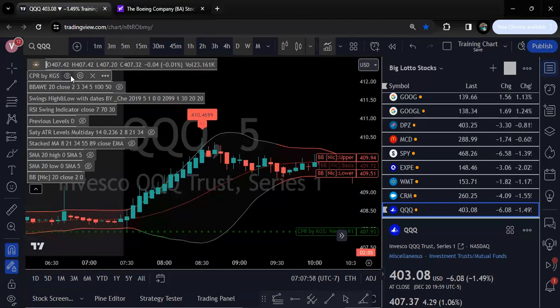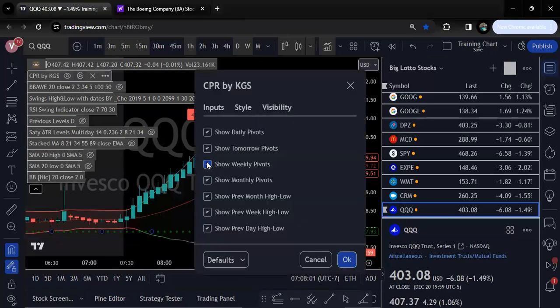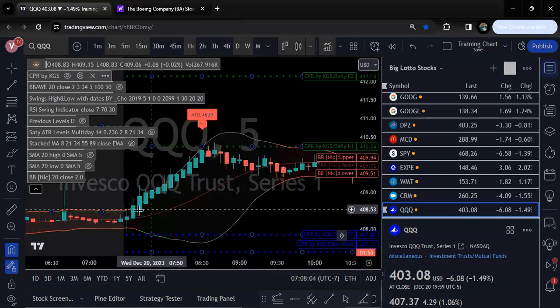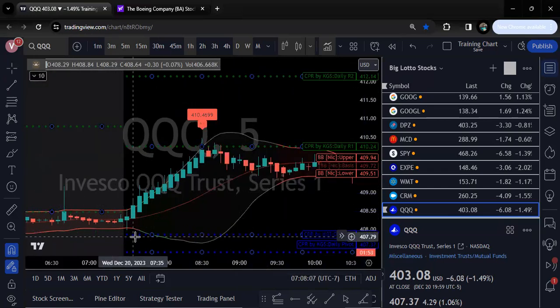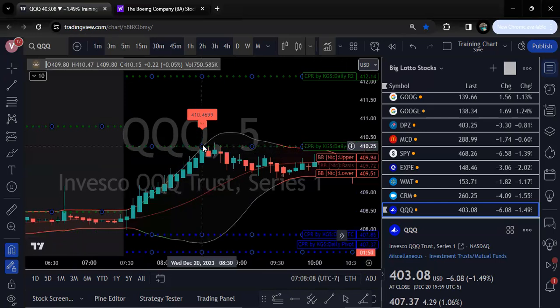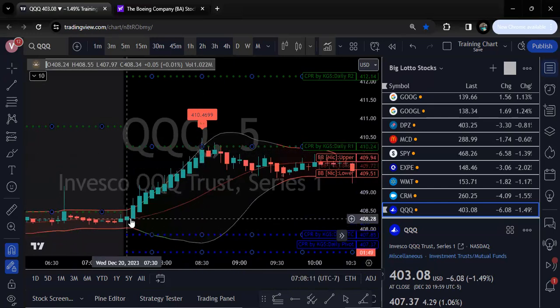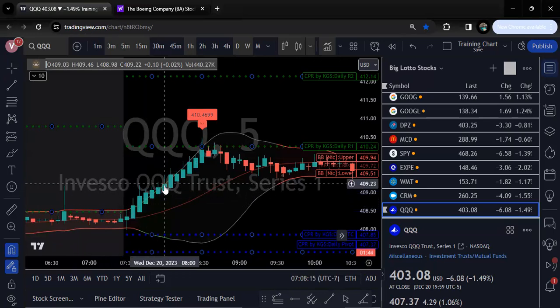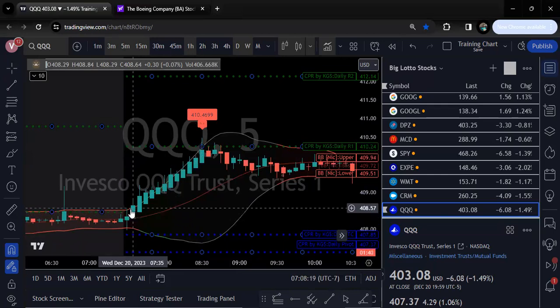Now, if you turn on your levels for the day, this stock is above CPR, it's going up. You can actually see, this is 1 to 13.